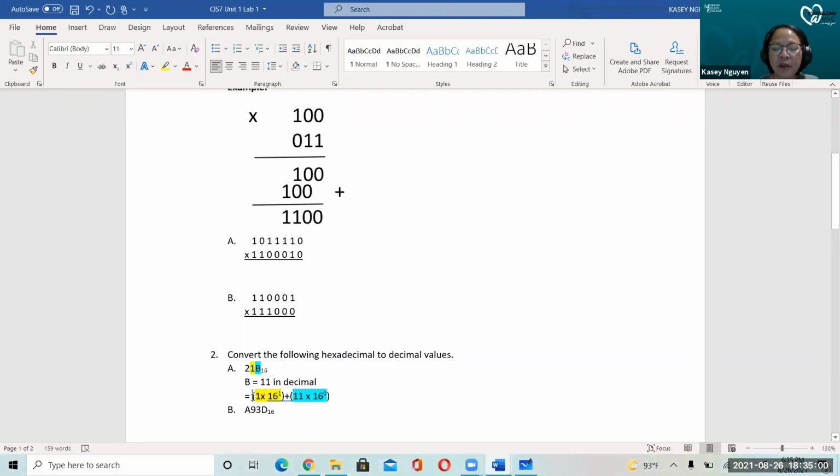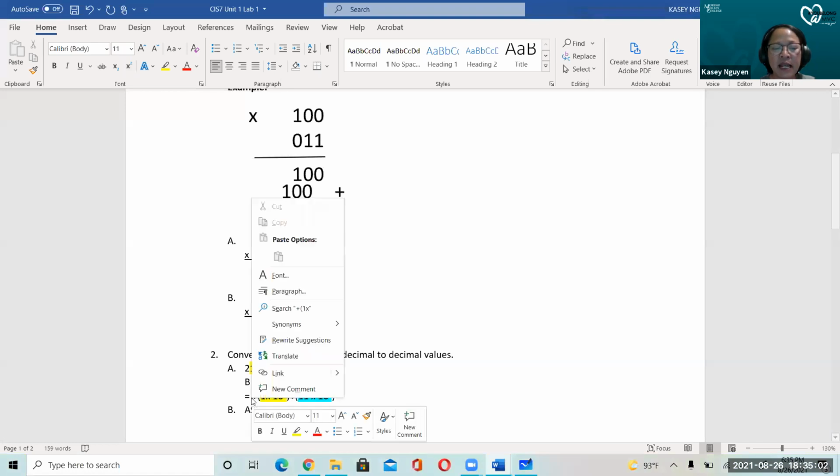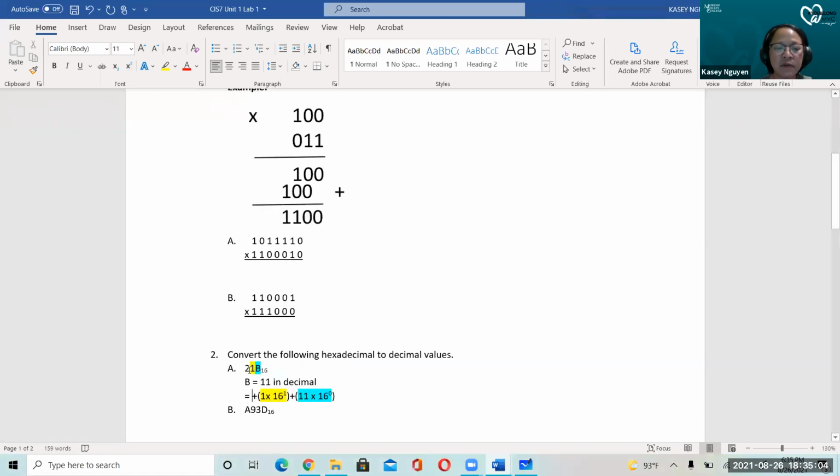And then now we are going to add it to the next digit, which is 2. Here I would take 2 and multiply it by 16 to the second power, as I'm moving left, I'm going to increase the exponent.